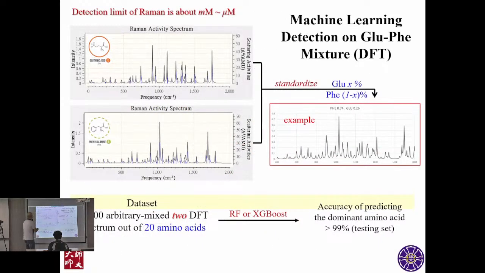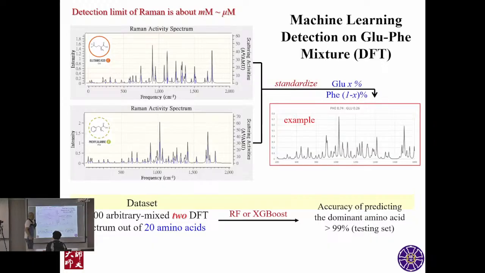Okay, so this is Raman, and Raman is very sensitive. The detection limit of Raman is in the millimolar, even micromolar range. So you just need a little bit, and you can see the Raman signal. So experimentally, people love Raman. But when you have a complicated sample, the Raman signals stick together, and then it's very hard to read.